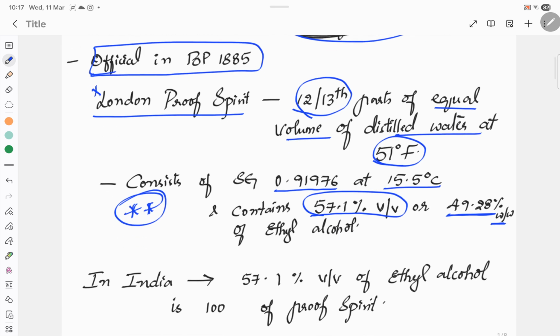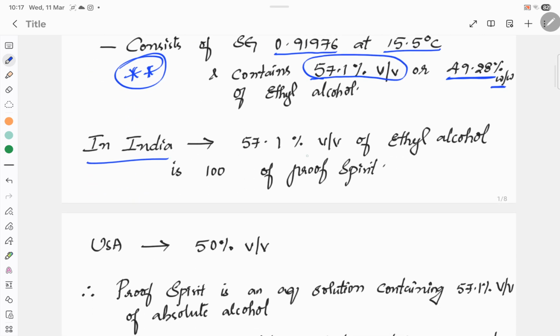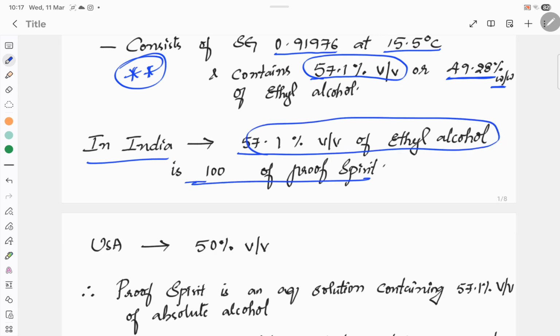This is in London. However, in India, 57.1% volume by volume of ethyl alcohol is the 100 proof spirit, and in the USA it is 50%. In India it is 57.1%, whereas in the US it is 50%. Therefore, proof spirit is an aqueous solution that contains 57.1% volume by volume of absolute alcohol.